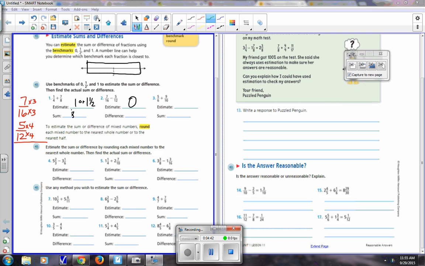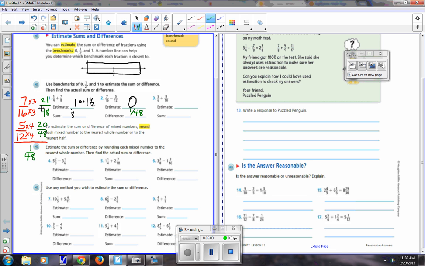The common denominator is 48, which means I have 21/48 take away 20/48. It's 1/48. So that's the actual difference, which is almost 0.